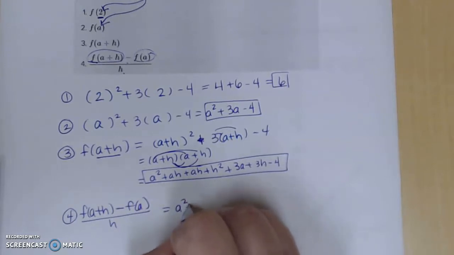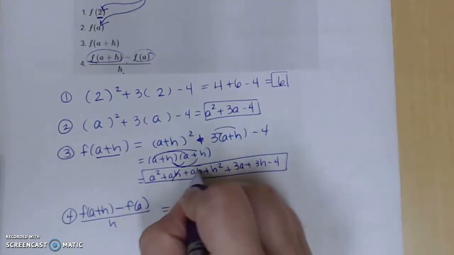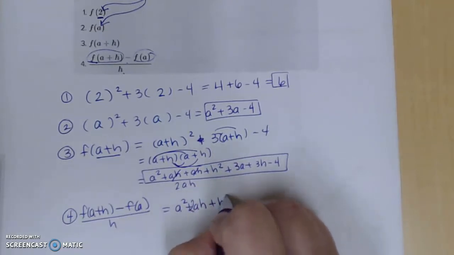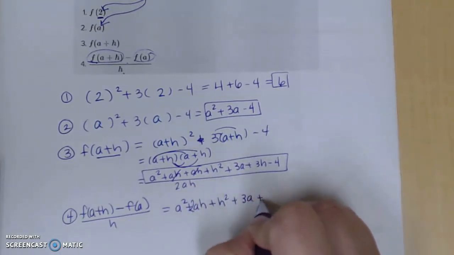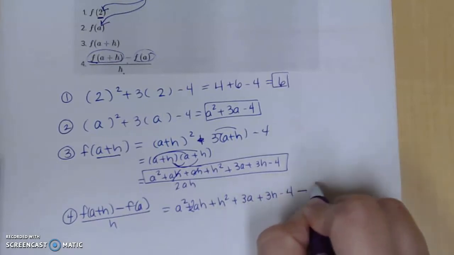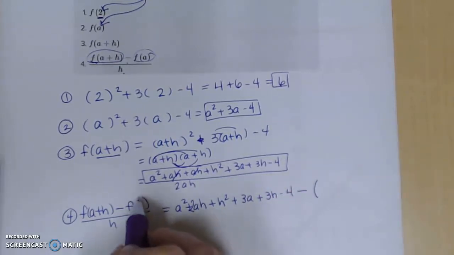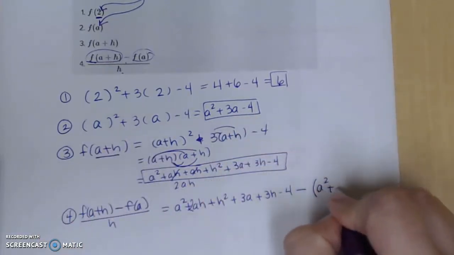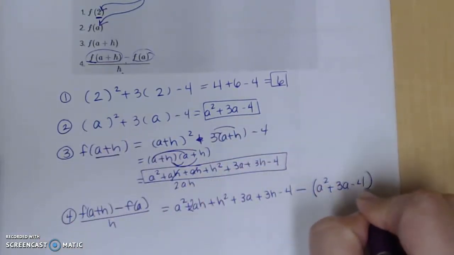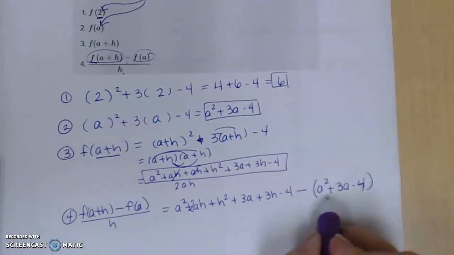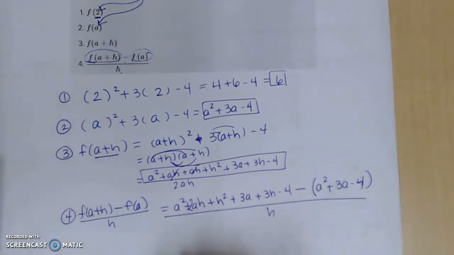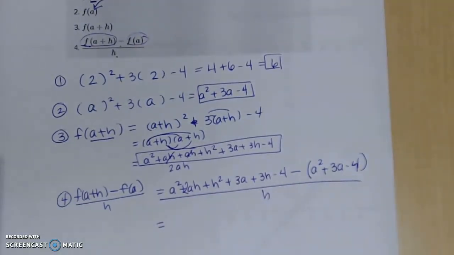We've already done our legwork for this. Minus, I want to subtract f of a, which notice we already found f of a up here, a squared plus 3a minus 4. And I made sure to put minus this whole grouping because I'm doing minus the whole grouping all over h.